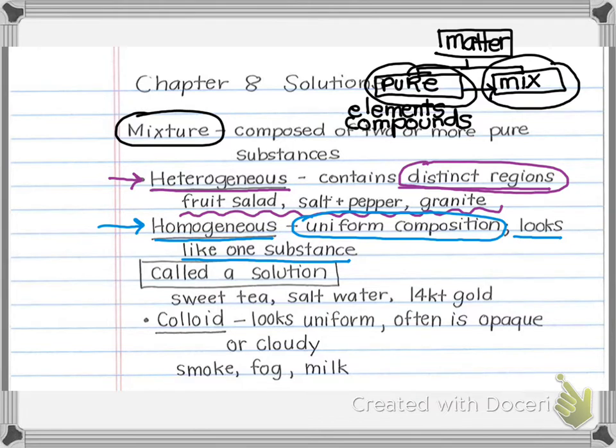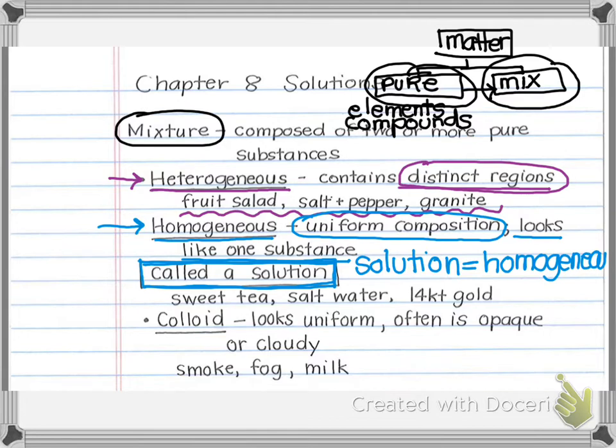Even though there's more than one thing present, when we look at it with our eyes, it only looks like one thing. Now this is what we call a solution. In this chapter, after the definitions, we're predominantly talking about homogeneous mixtures. So when we talk about a solution, that is a mixture that is homogeneous. So it's mixing uniformly.